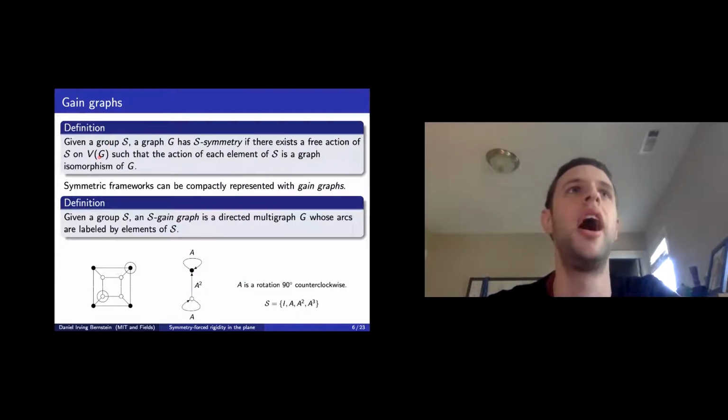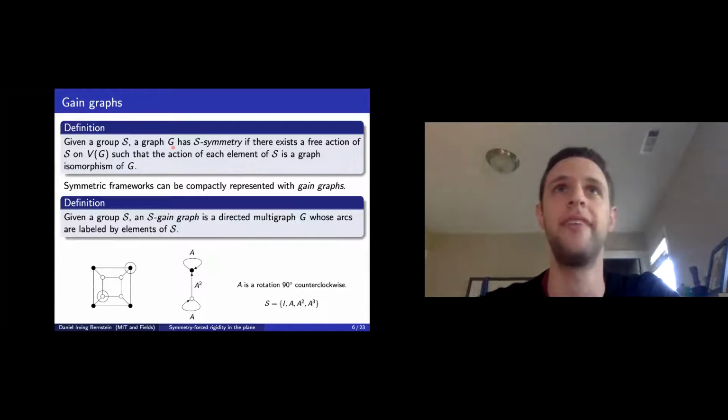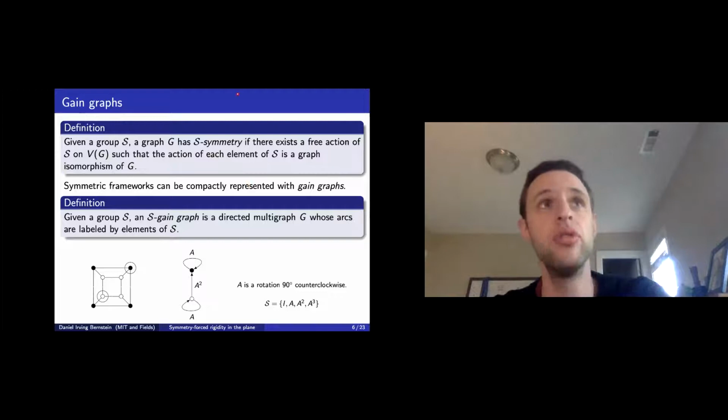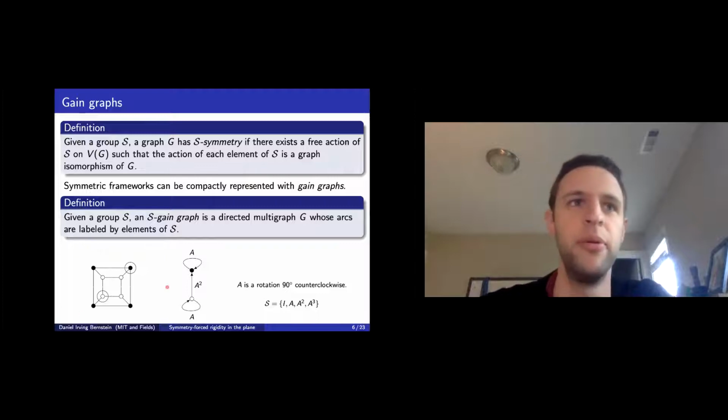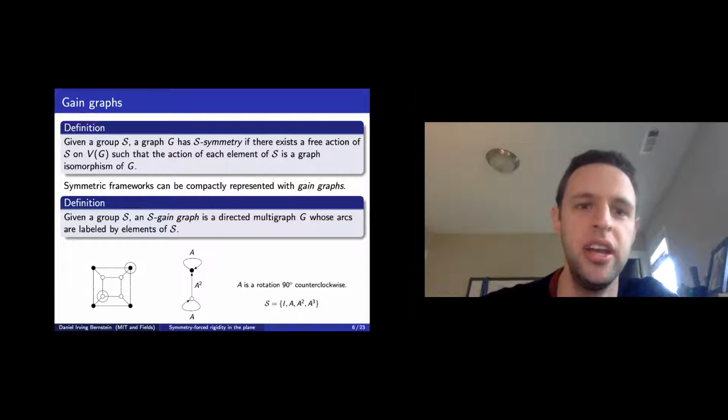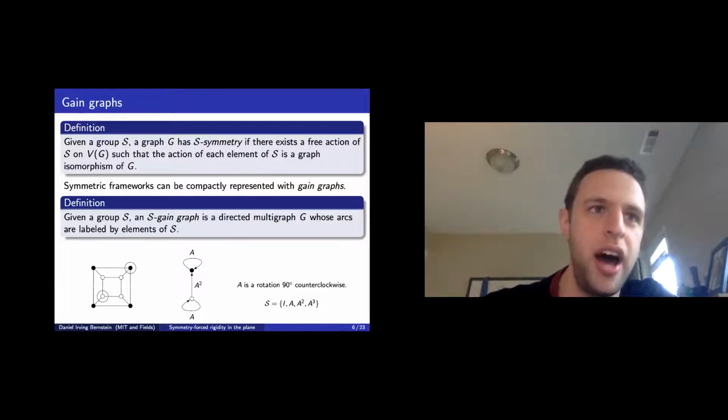So given a group S, a graph G has S symmetry if there exists a free action of that group on the vertex set such that the action of each element is a graph isomorphism. So either that was a trivial statement to you, or you have no idea what that means. Either way is fine. Let's just look at this example.